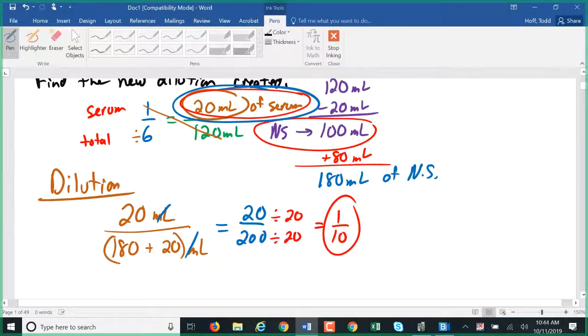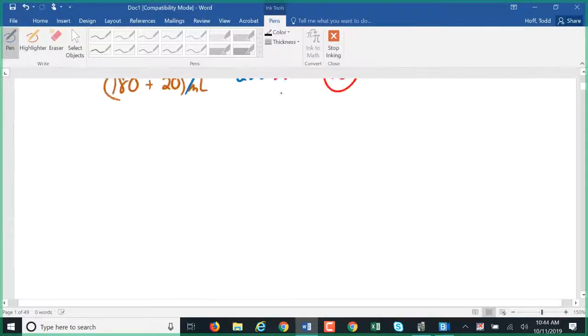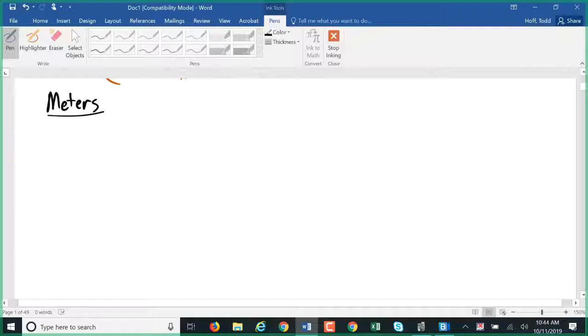So where are the dilutions useful for us outside of that? Well, when you're trying to do blood testing, urine testing, and other testing, the meters have limits. So if blood sugar levels are over a certain level, the meter can't take that reading.